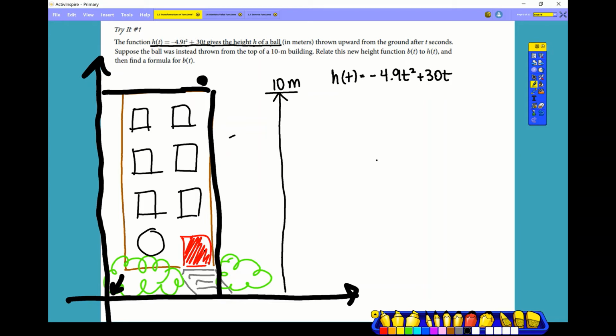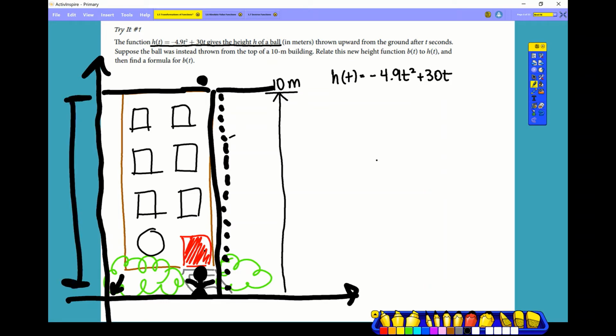So that's what we have. If the original function is for us standing right here and throwing this ball up in the air, well, now when we throw the ball up in the air, we're going to be 10 meters taller. So that's only a change in our y.